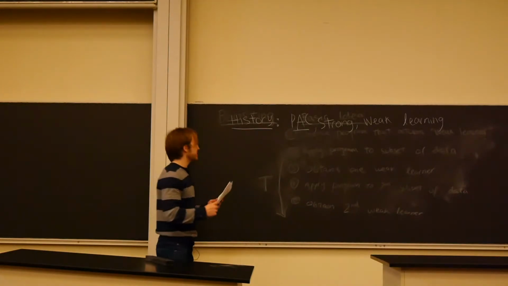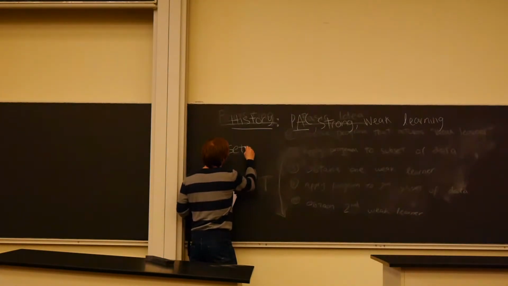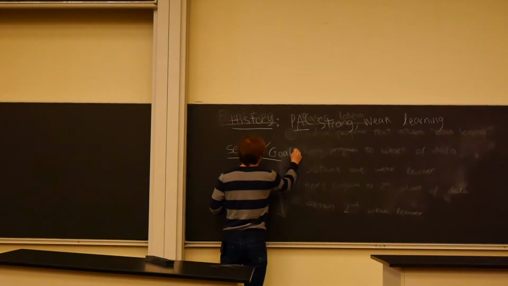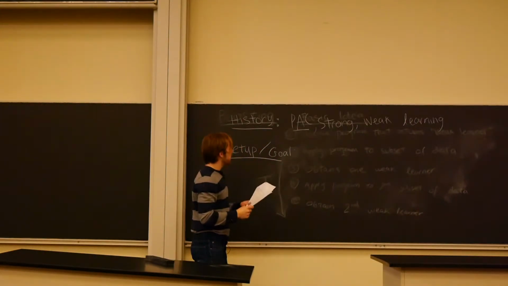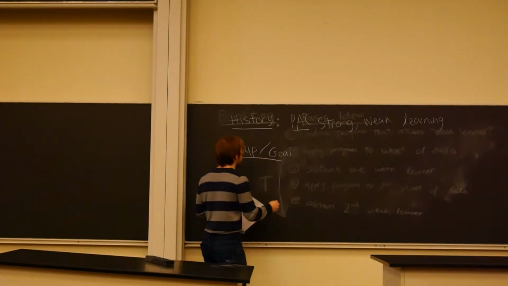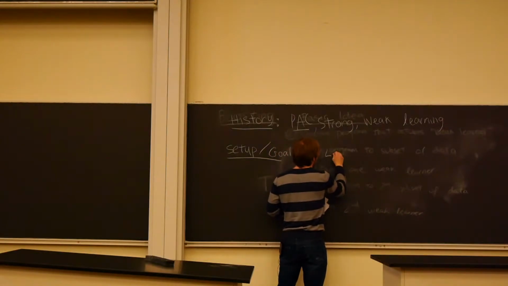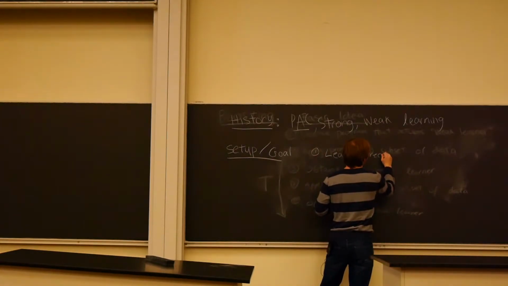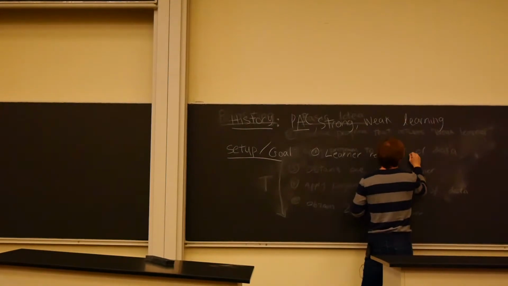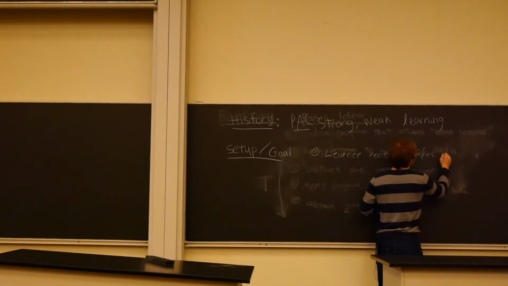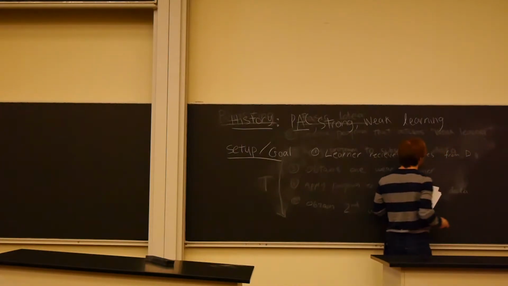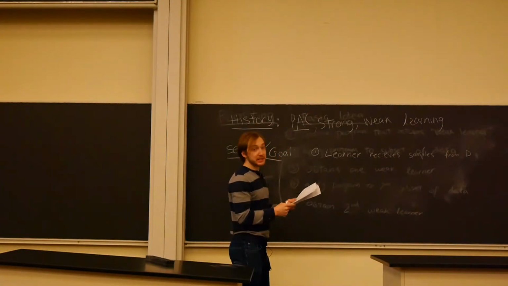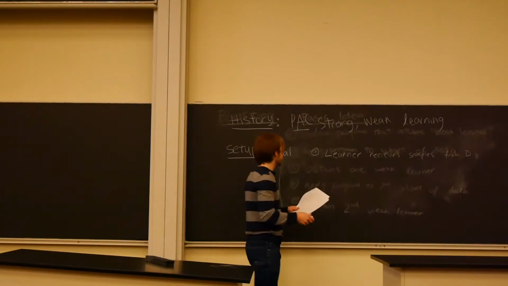The setup or goal in PAC learning is the following. Let's suppose you have a learner who receives samples from some distribution, which we'll call D. Then you must select a generalization function, which we'll call a hypothesis, from a certain class of functions.